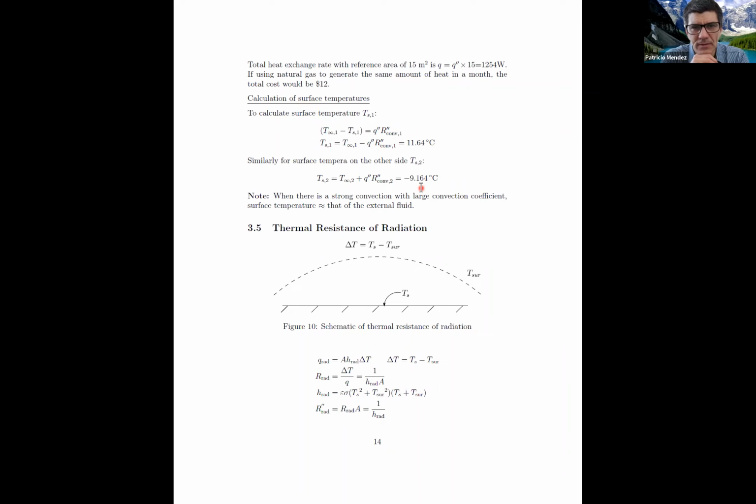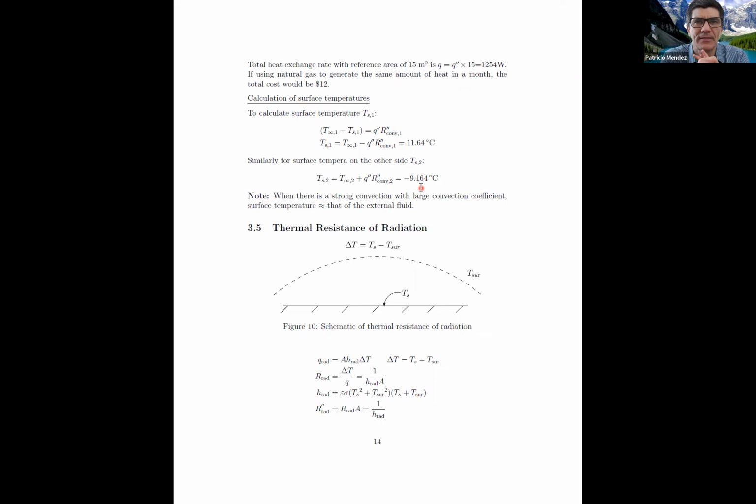You know what this means? This means that when the convection is very intense, the surface of the body that is convecting is very close to the temperature of the fluid, right?